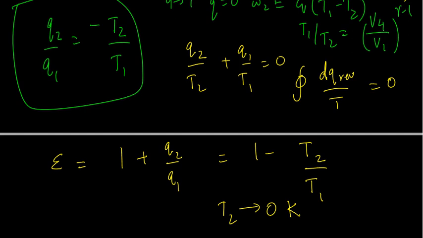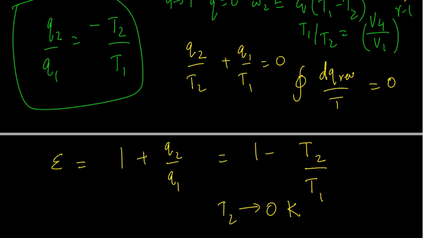Q2 minus Q1, which if I want to express in terms of temperatures, I could write Q2 minus Q1 divided by Q1 multiplied by Q1. That means I can write T2 minus T1 divided by T1 multiplied by Q1. So what is the work done in that case?